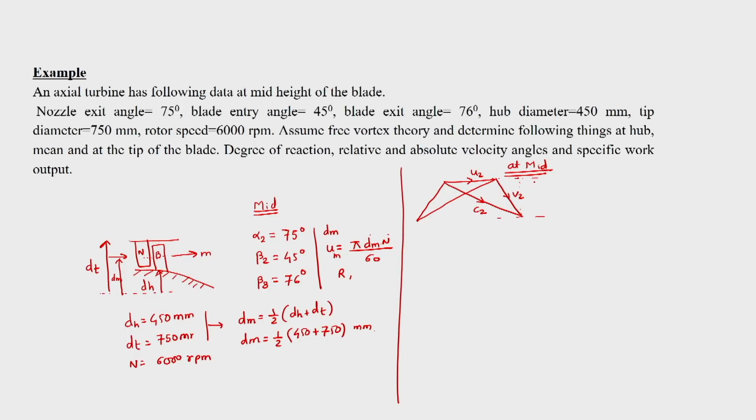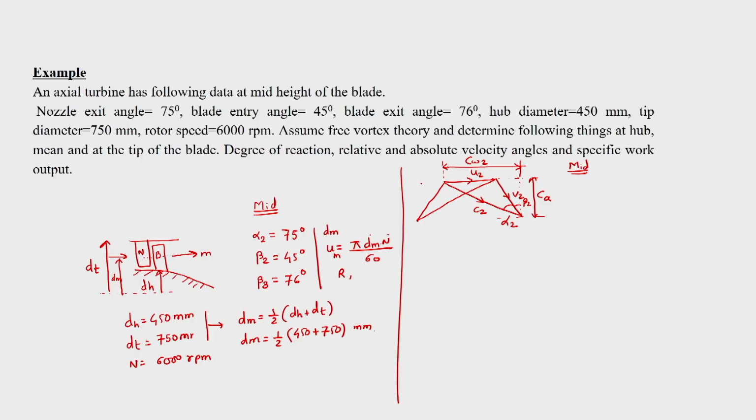This is CA, and this is, for all sake, CW2, okay, V2, U2, this is CW2. We know that this angle is beta 2 and this angle is alpha 2.